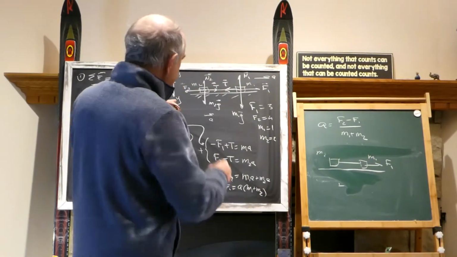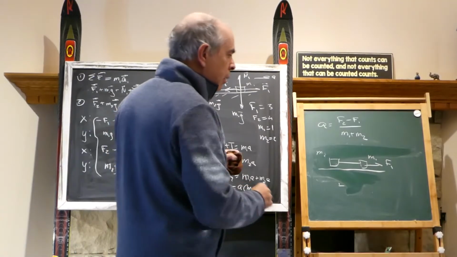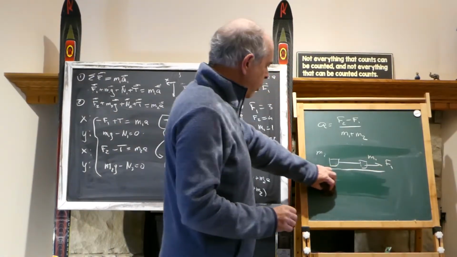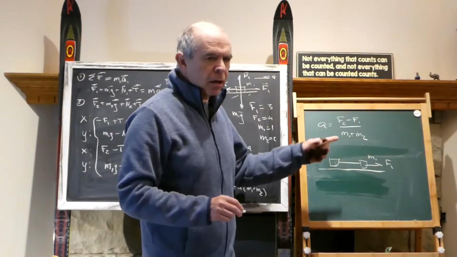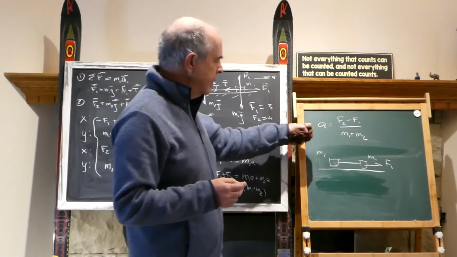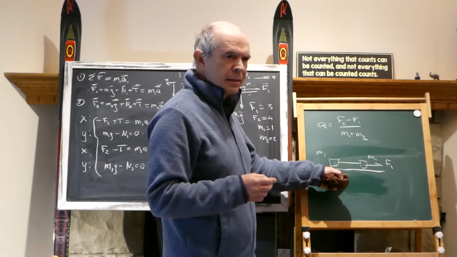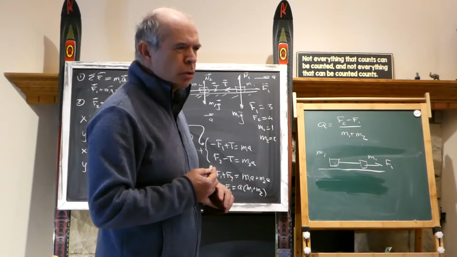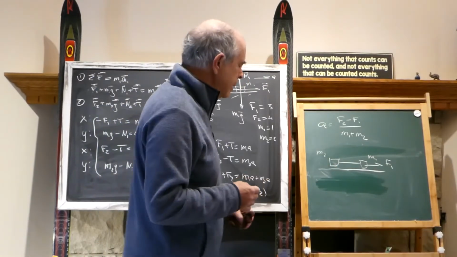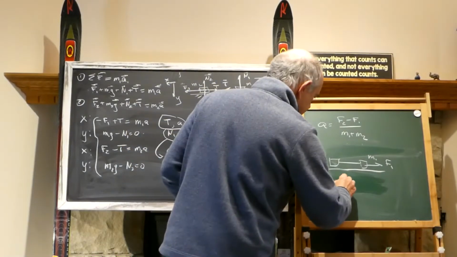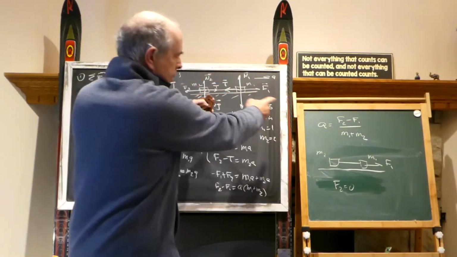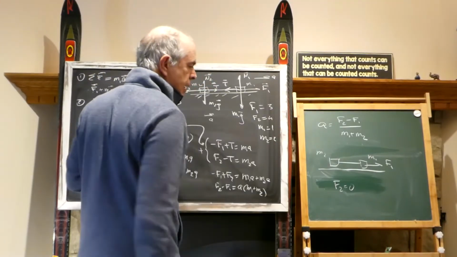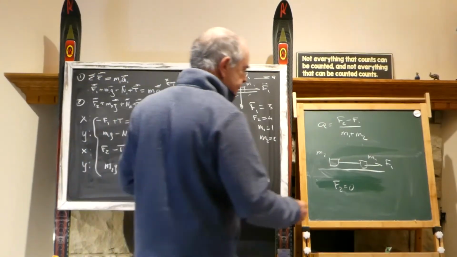This problem has this force F2, and we solved the previous problem without the force F2. But right now let's think if this solution is the same as that solution, because that is a particular case. This case means F2 equals 0, right? And otherwise it's absolutely the same picture, this and that. But only F2 equals 0.